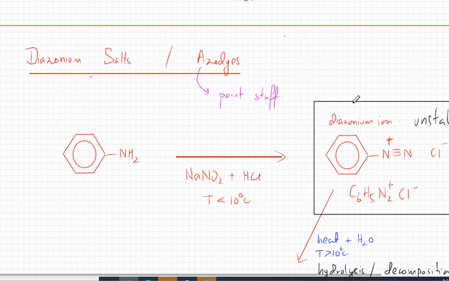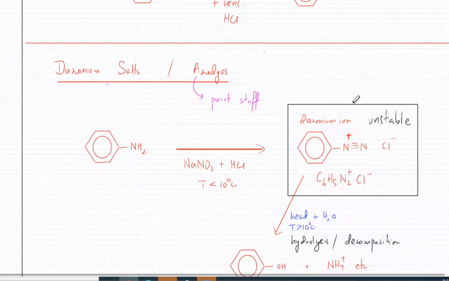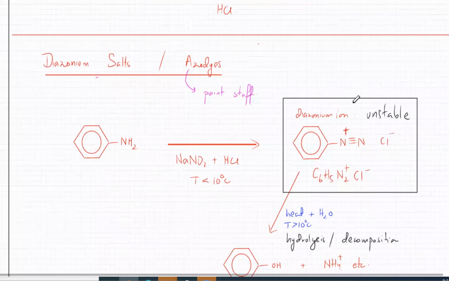Most people don't give a lot of thought to paints, but paint has to be extremely stable. Because it would be pointless if the paint just fades away or changes very quickly. So you don't want it to react with anything. It has to have a lot of inert properties.